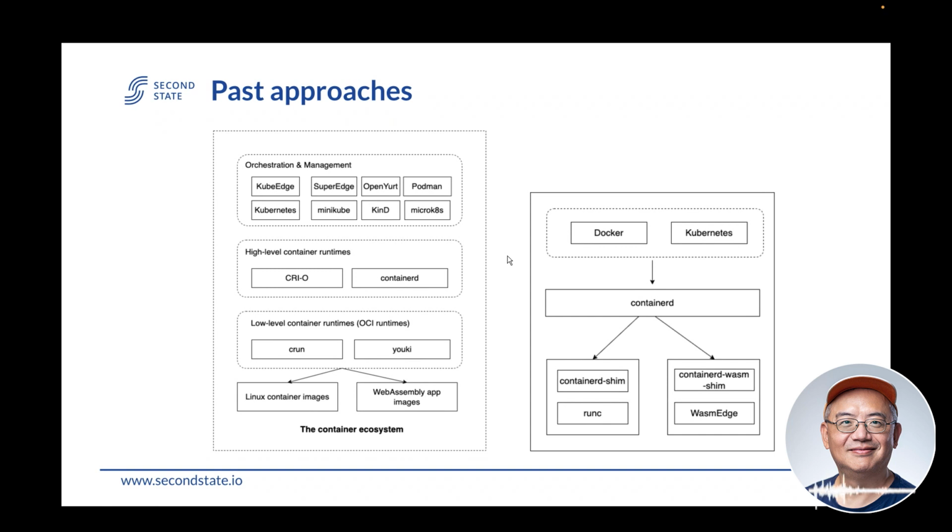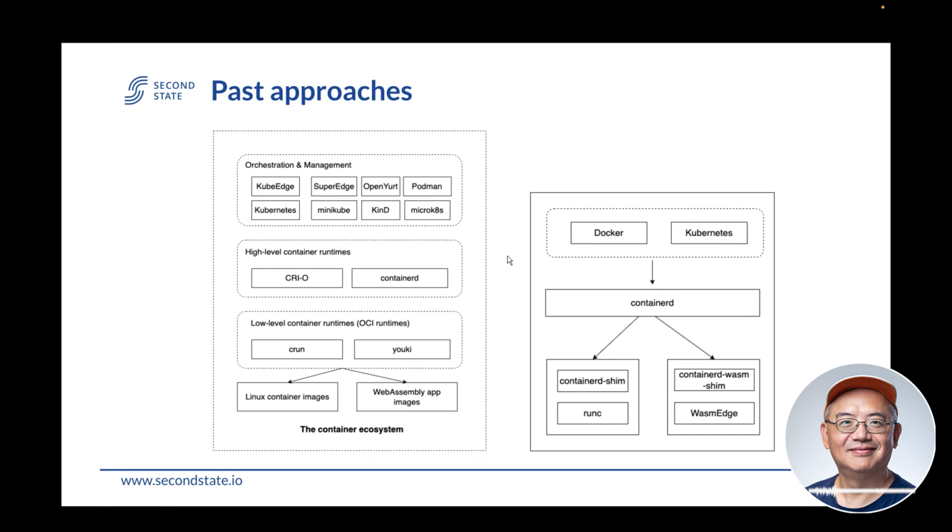On the panel at left is the work that we have done with Red Hat. WebAssembly is now an official package in Red Hat Enterprise Linux. We are in RHEL 8 and RHEL 9, and so it's part of the OpenShift ecosystem. At the OCI container runtime level, in OpenShift, they can support crun and Youki.